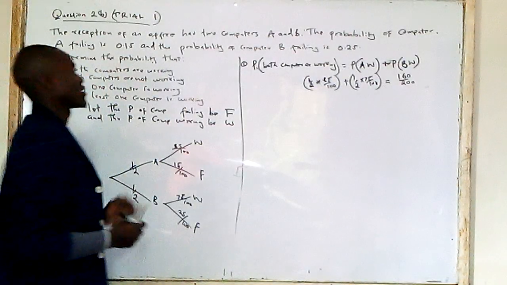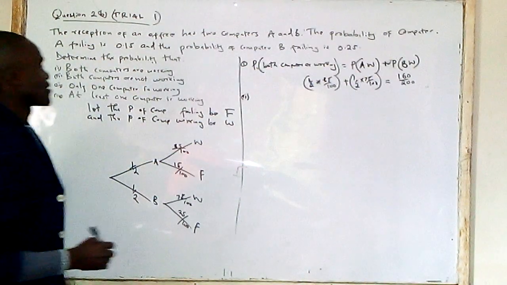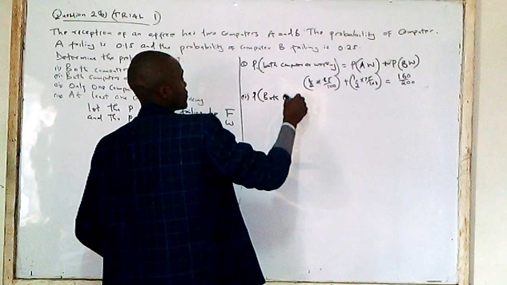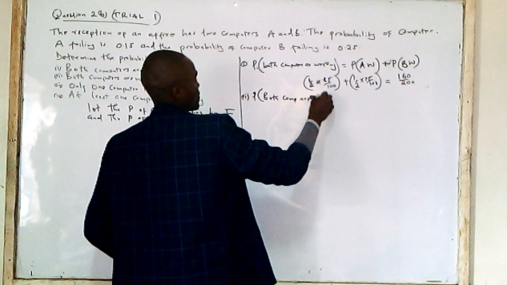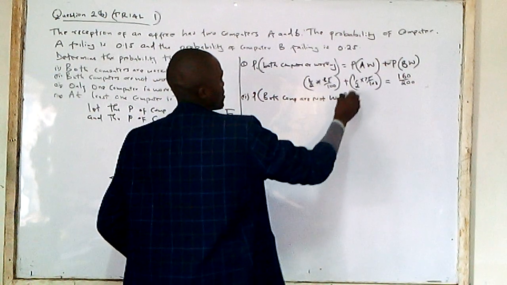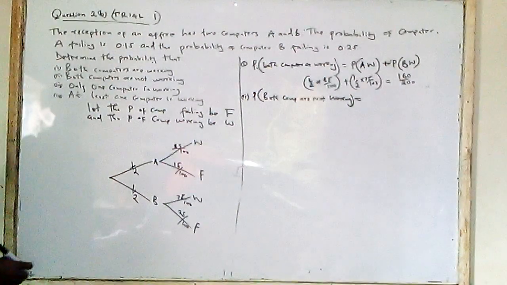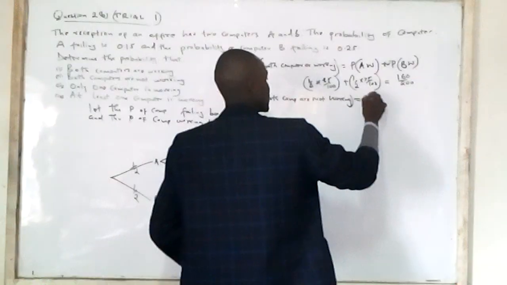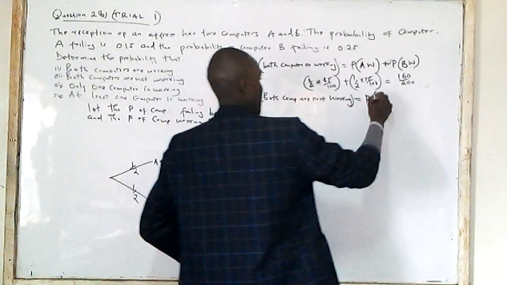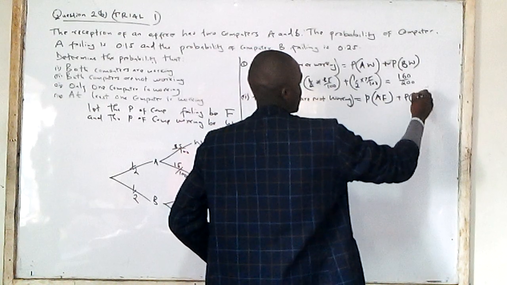And then Roman 2, both computers are not working. So the probability that both computers are not working gives you the probability of failure, which is equal to probability of AF plus probability of BF.